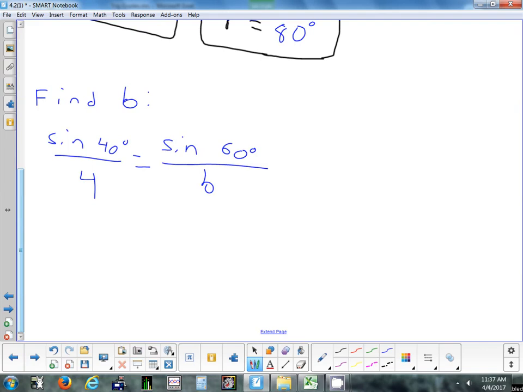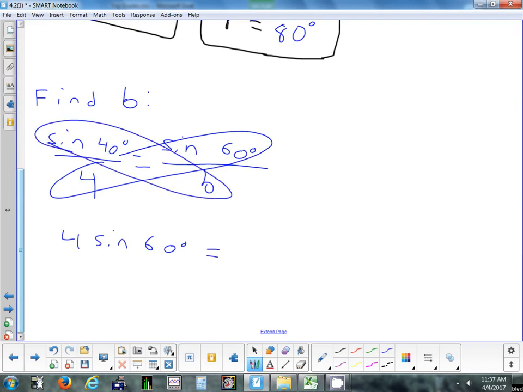Okay, and what's the technique when you want to solve a proportion? What do you do? Yep, you cross multiply. So we get 4 sine 60. I don't care what that is right now. I'll type it in at the end. Equals B times the sine of 40.